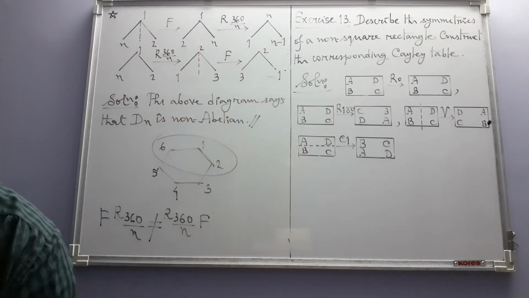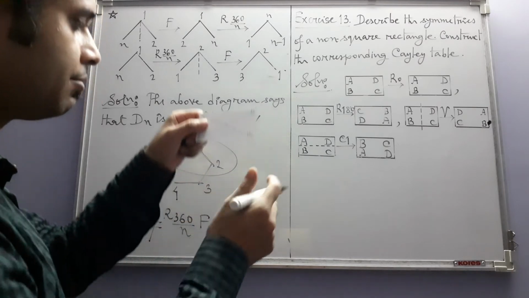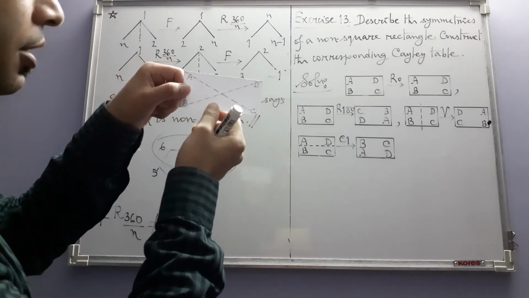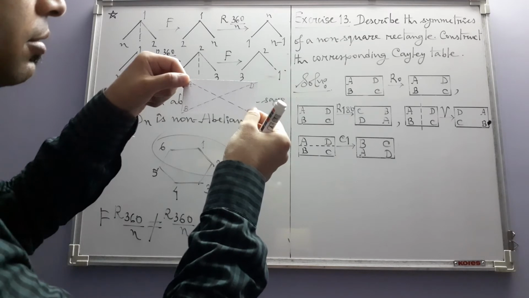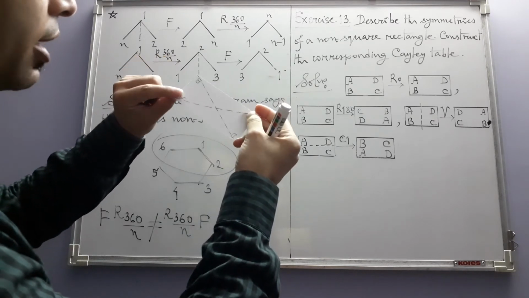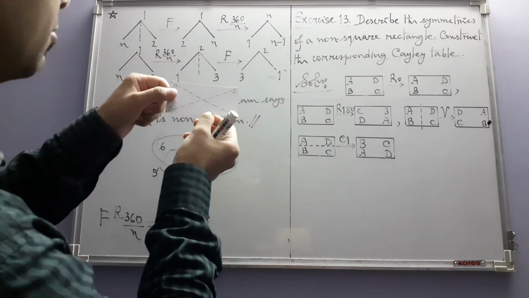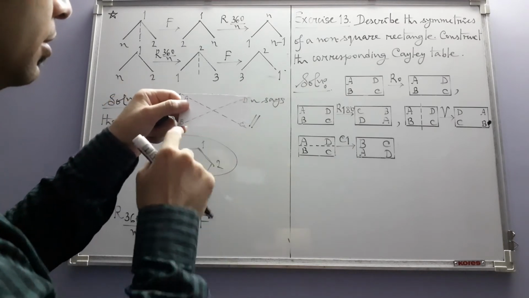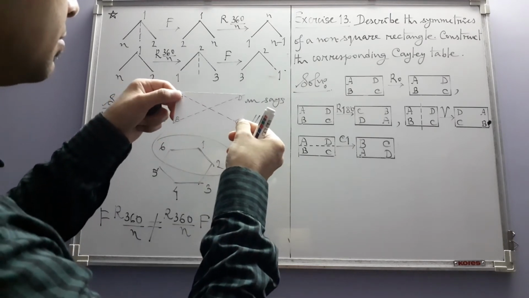What else are there? You can see that we have drawn the two diagonals. If we reflect about the diagonal, then what happens?